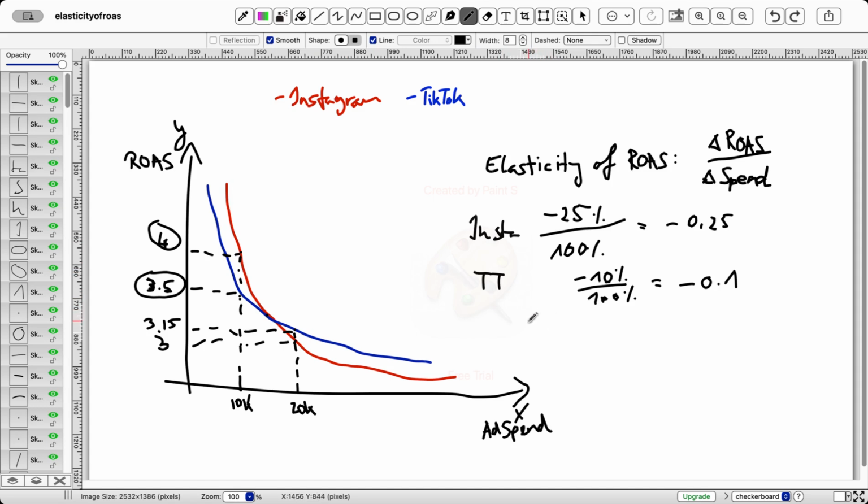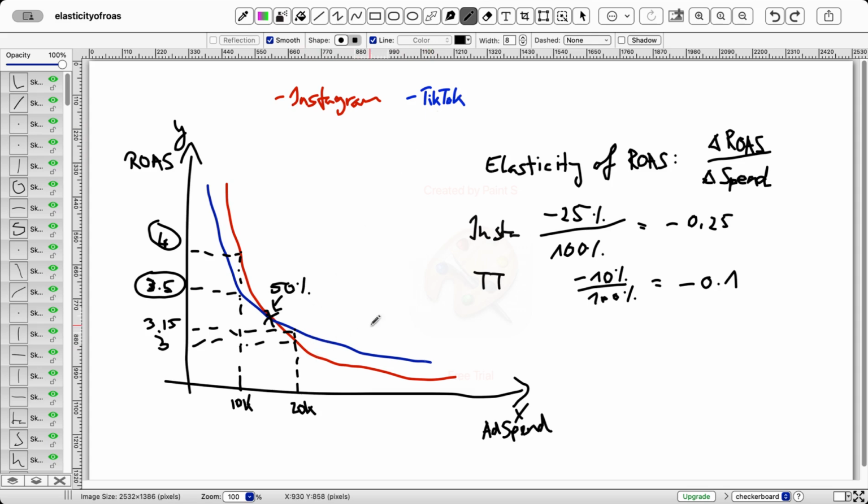And there is a way to find out where exactly this overlap point is. Let's say this is 15K, like a 50% increase. At a 50% increase, these two charts will cross over, and you can calculate that. So if your boss wants to increase just by 30%, you can say, okay, we can still invest 30% more into Instagram, because we will still be more profitable than on TikTok.